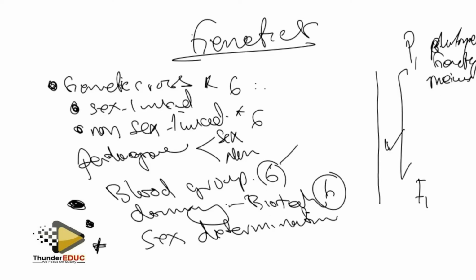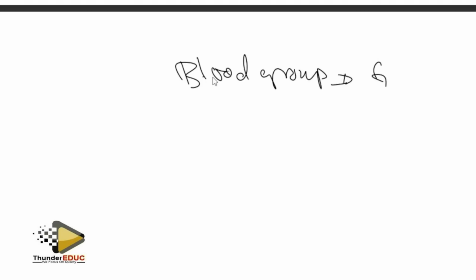Let me show you here. Blood group, the gene is called blood group or type. It's like saying height. You're either tall or short.